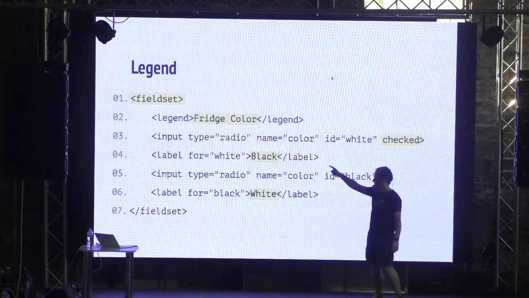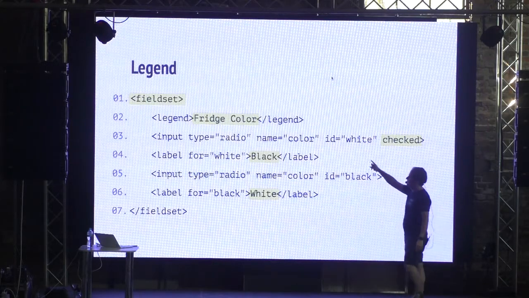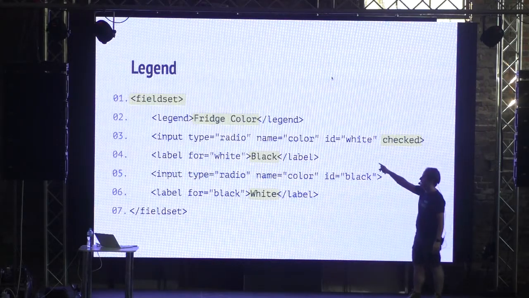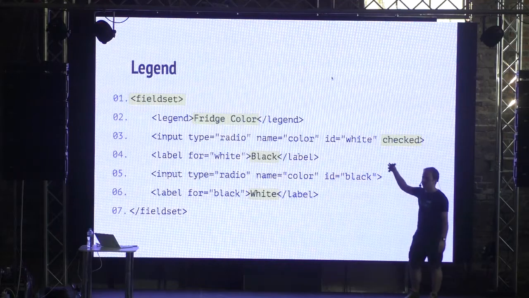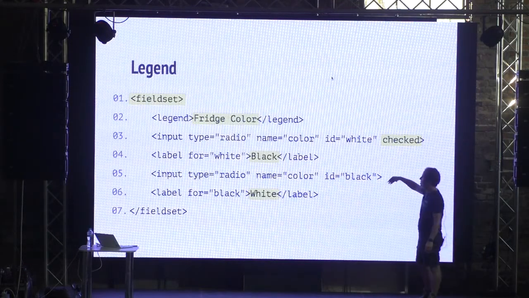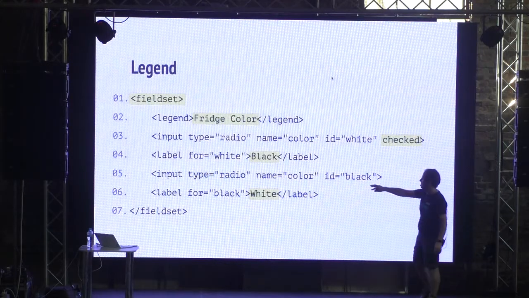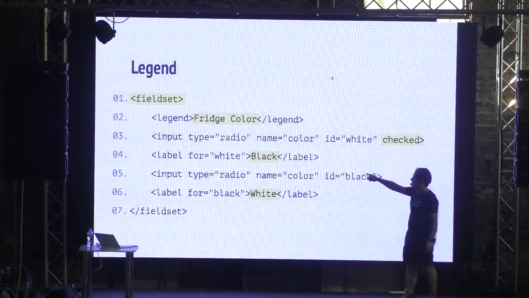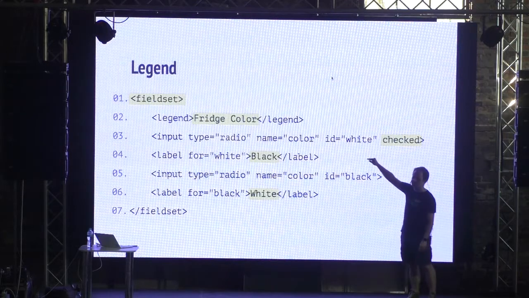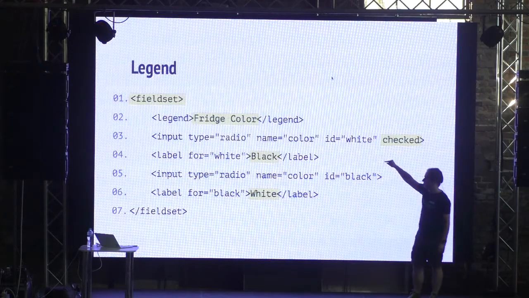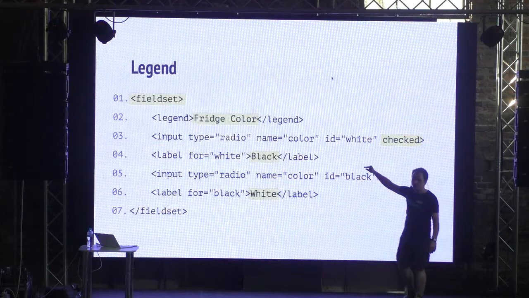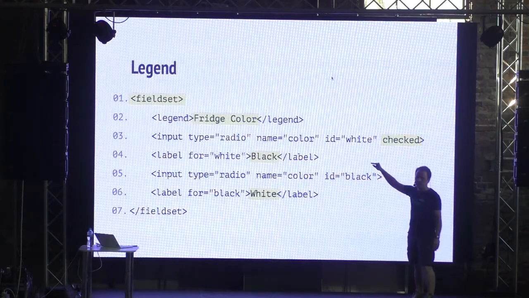You know, it's in the name, and you can put a legend element with some caption for all your fields. And you have some input, and you have some labels for them, and you put the legend element on top of it. Easy. And what would screen reader read in this case?